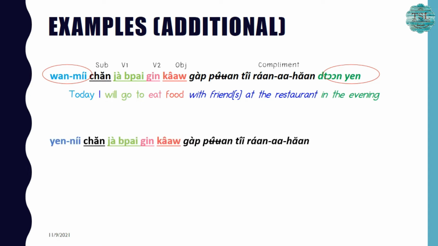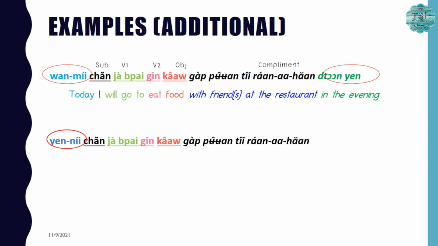But now let's look at another sentence. It is เย็นนี้ฉันจะไปกินข้าวกับเพื่อนที่ร้านอาหาร. These two sentences have the same meaning, but in the second sentence they used เย็นนี้, which means this evening, instead of วันนี้ and ตอนเย็น together.